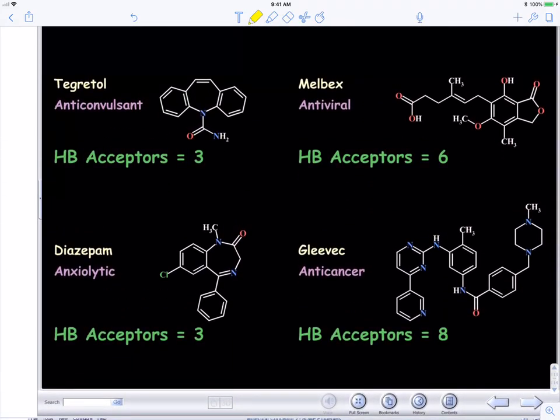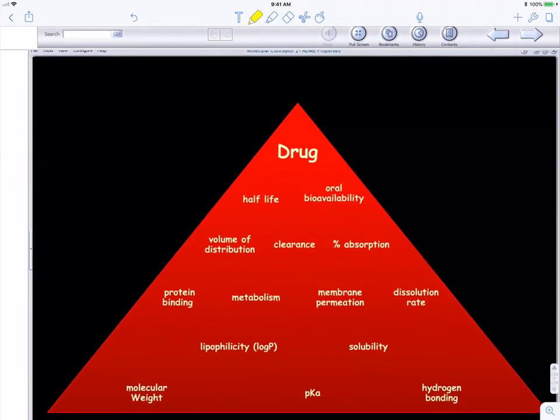And if we look at the number of hydrogen bond acceptors now, they're all below 10. This is a general observation that has been made, and basically helps us in evaluating a drug, or rather a lead compound for a drug.